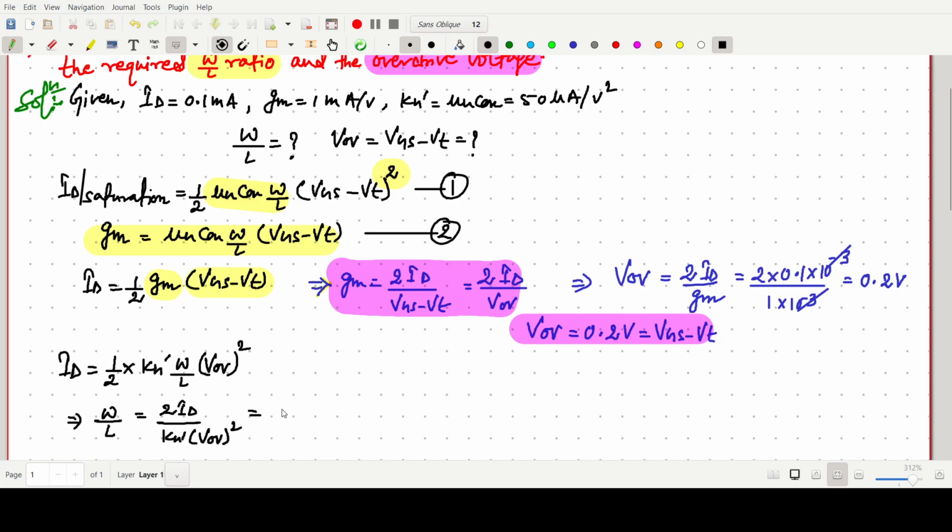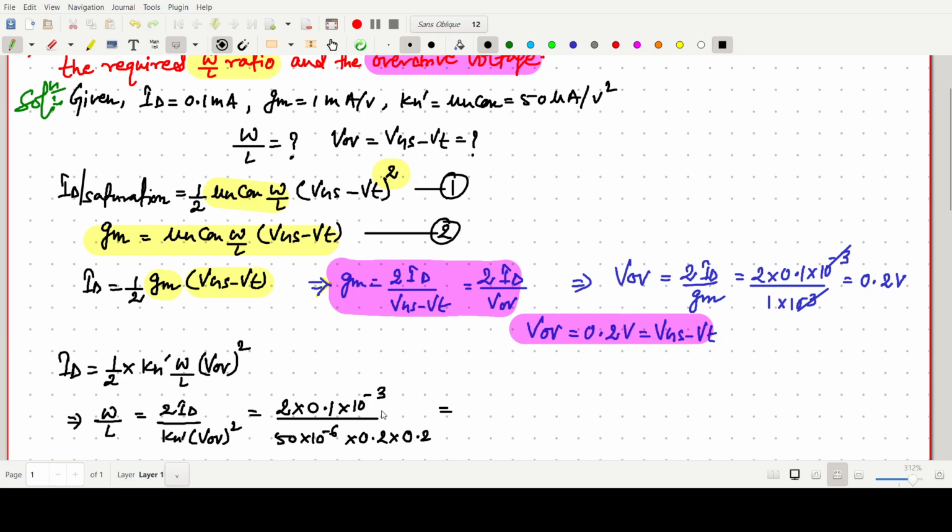That is twice into ID, 0.1 times 10 to the power minus 3, divided by Kn', which is 50 micro, so 50 times 10 to the minus 6, into VOV, which is 0.2, so 0.2 into 0.2. Now we have to solve this.